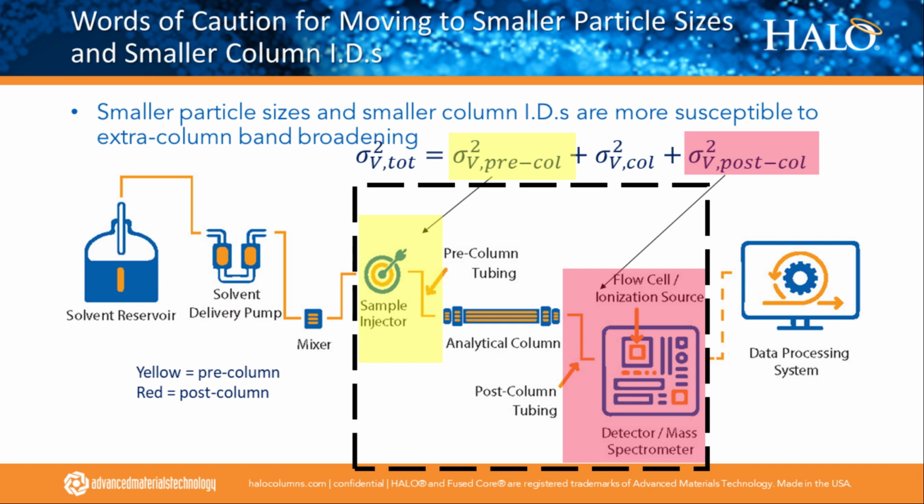So anything outside of the column would contribute to not seeing the true efficiency of your analytical column, because it would be obscured by broadening that happens either before or after the column.